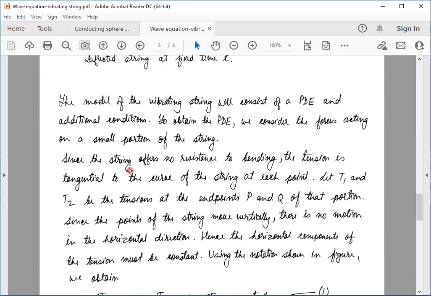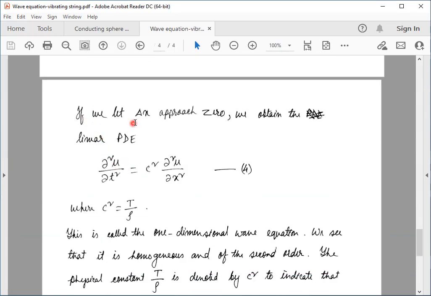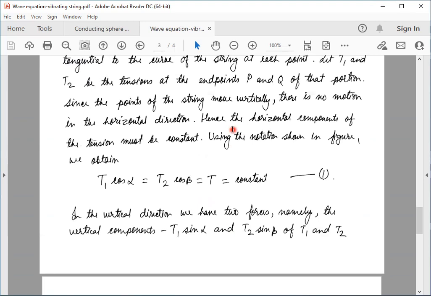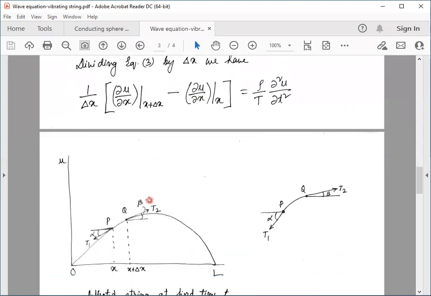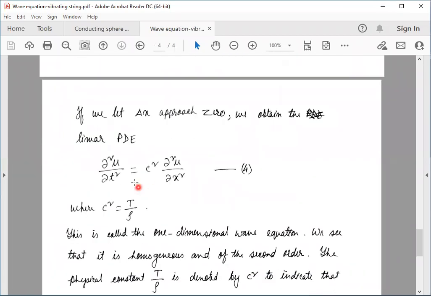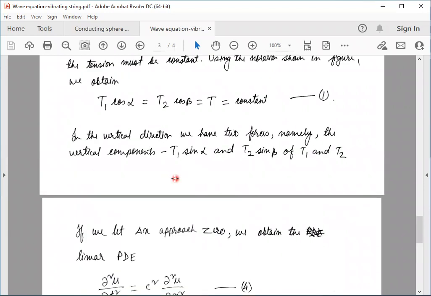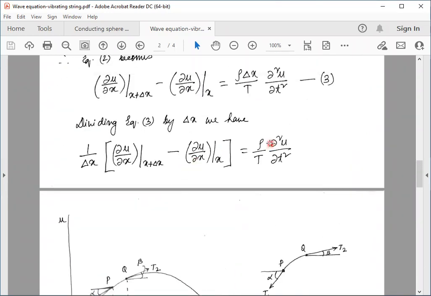So if we let delta x tend to 0, then we obtain the linear partial differential equation. In the limit, this becomes the second order partial derivative of u with respect to x.